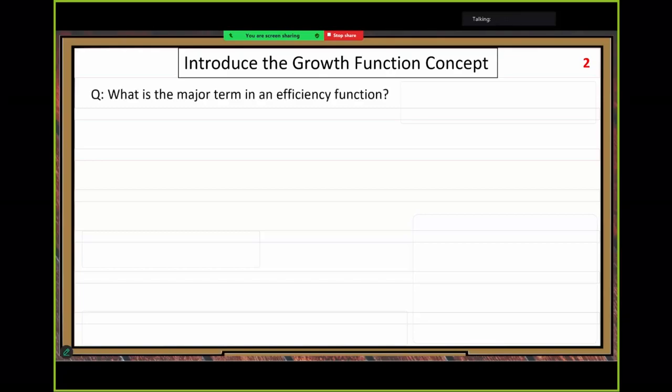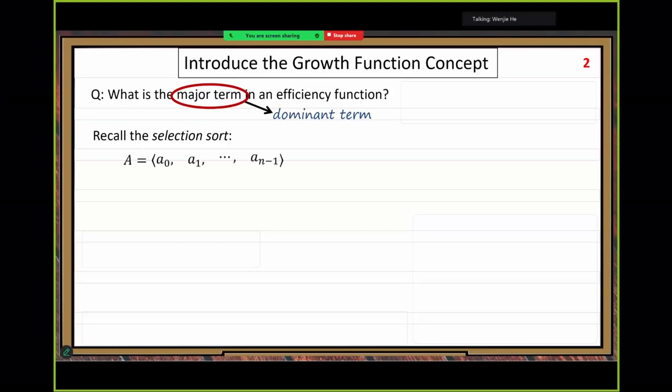All right. First, we look at the major term of an efficiency function. Major term, minor terms. The major term here, in part C, we use another concept called the dominant term. So here, the same meaning. Let's recall the selection sort. We have the efficiency function, right?